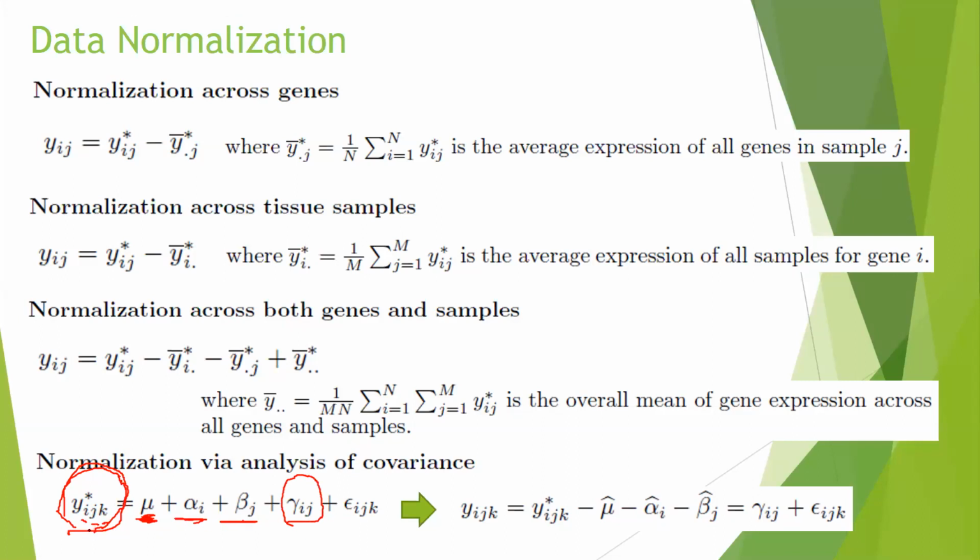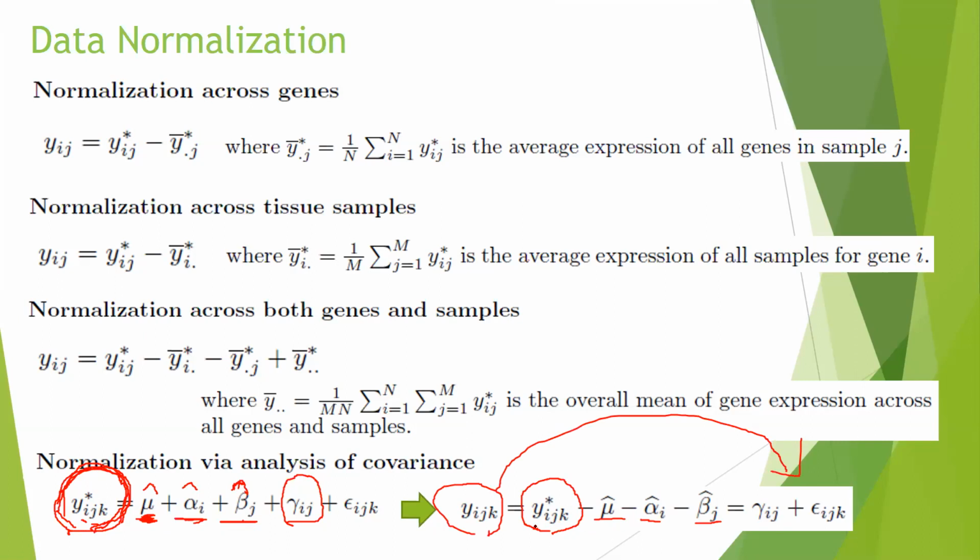So if we can use this linear model to describe the observed gene expression value, and then we can estimate these unwanted factors, right? Then what we can do is the normalization. We just remove this unwanted effect from the observed gene expression, and the remaining part is the normalized gene expression value.